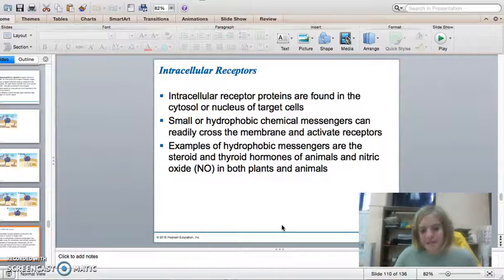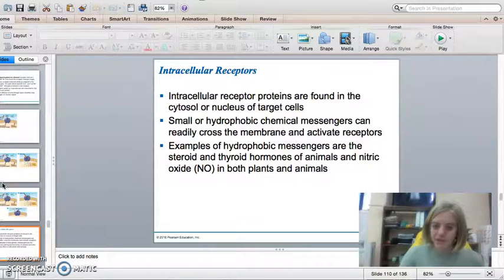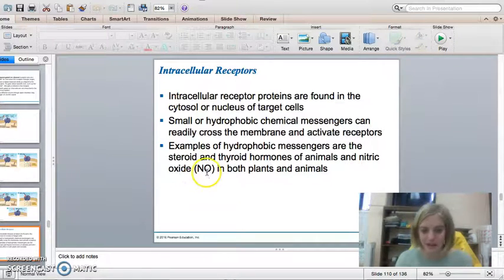A lot of steroid hormones are good examples of intracellular receptors. Those steroid hormones have large hydrophobic regions, and they can diffuse through the membrane and activate receptors on their own. And then in both plants and animals, nitric oxide, or NO, can diffuse and create a cellular response as well.